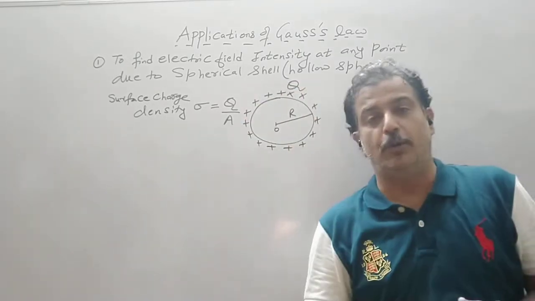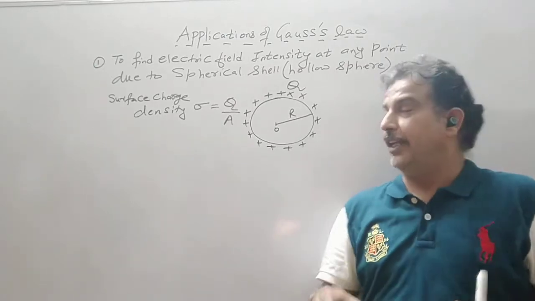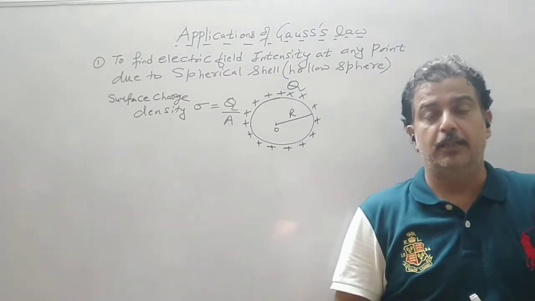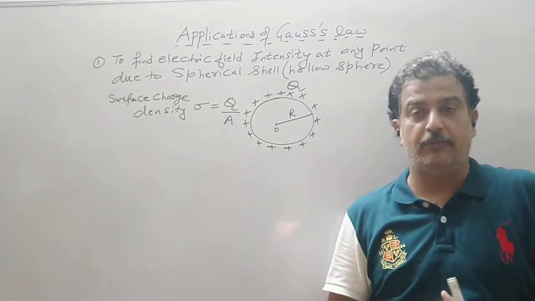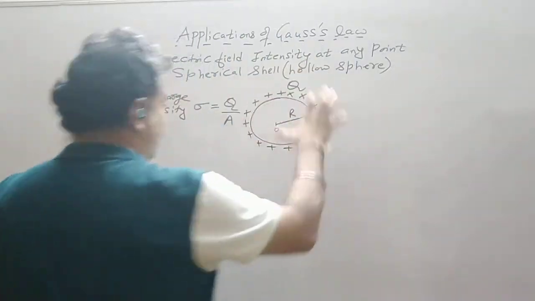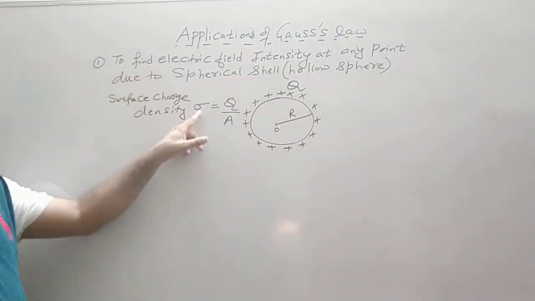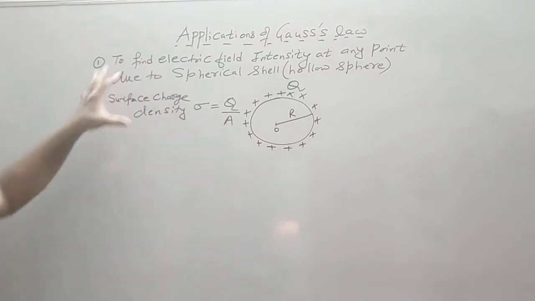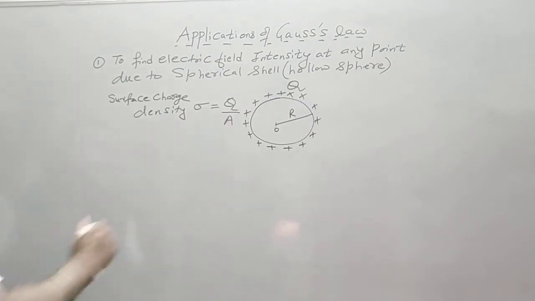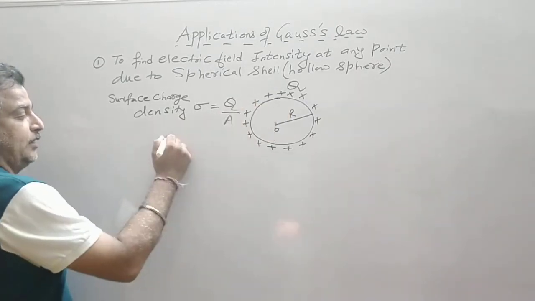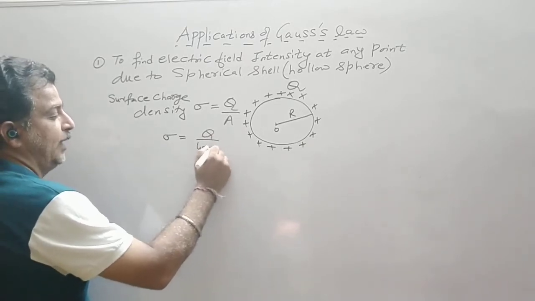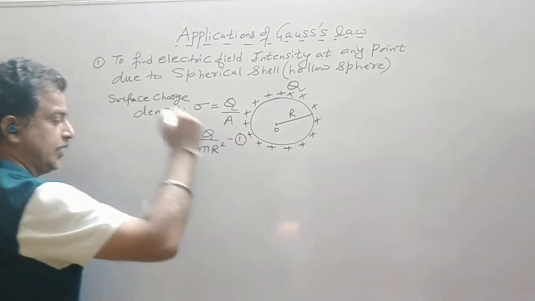If we have a proper geometrical symmetry, it is very easy to apply the Gauss law, though the Gauss law does not depend on the shape and the size of the Gaussian surface, as we have seen in the characteristics of the Gauss law. So here the source has a spherical symmetry. We have defined sigma equal to Q by A, where A is the area of this hollow sphere, and the area of the hollow sphere is 4 pi R square. So this is the first step, equation 1.